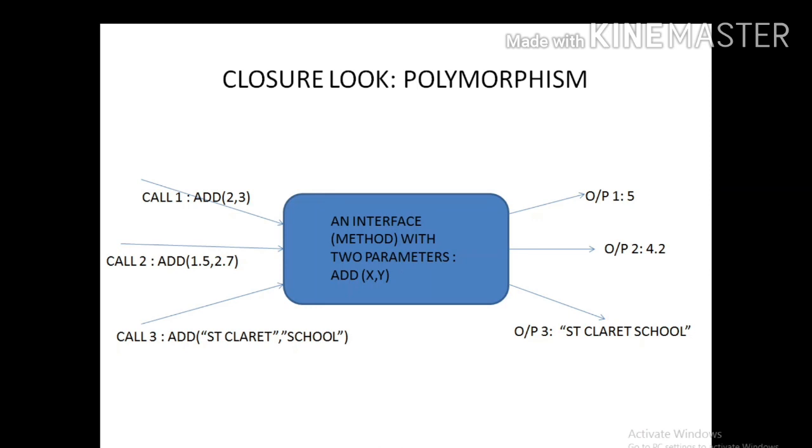In this slide, add is a method which can add two integers, two doubles, and two strings. This is the integer value, this is the double value, and this is the string value. Java achieves polymorphism using function overloading and function overriding.